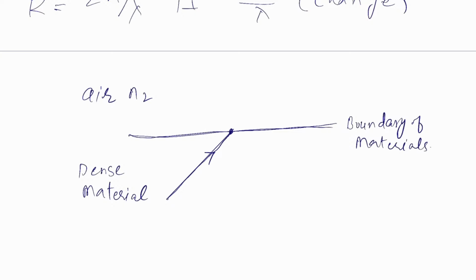Now you have two options. Not either, it is happening simultaneously. Some part of the light is traveling back, which we call a reflection, or it is going outside. This is your reflection.